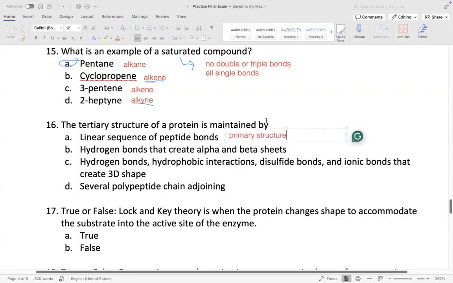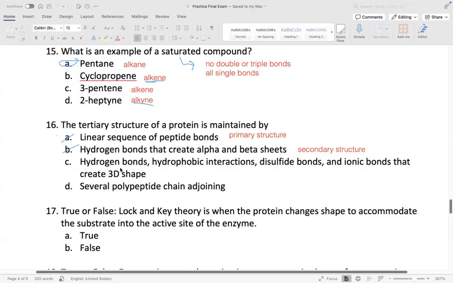All right, so it's not A. A describes primary. B, hydrogen bonds that create alpha and beta sheets. Again, this is a type of folding, but it is not tertiary. This describes secondary structure.